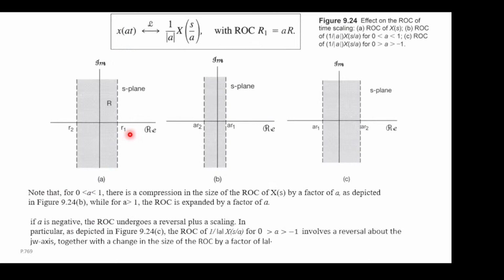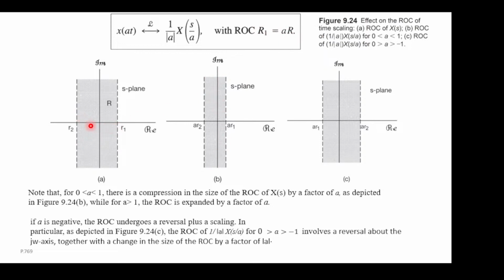And maybe it's easier to see in a picture. So we start with something, a normal ROC. And then if we are multiplying t with some a that's less than 1 but positive, then your ROC will shrink in because you multiply your ROC by a.